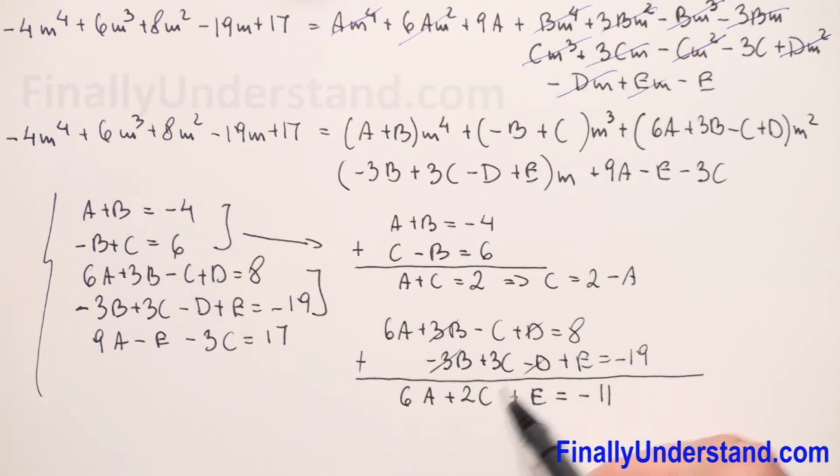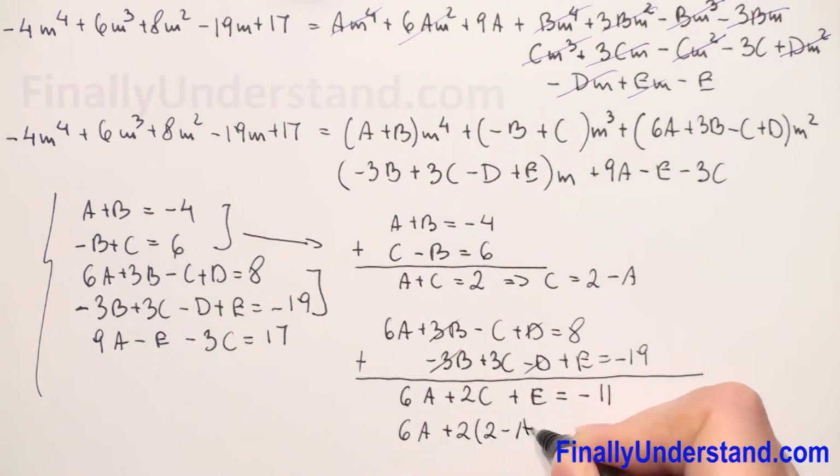We can substitute c by 2 minus a, so 6a plus 2 times 2 minus a plus e is equal negative 11.